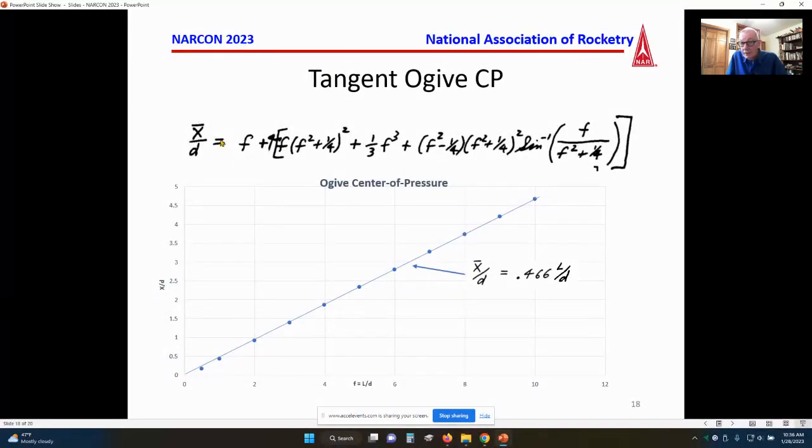This is all a function of F. If you look down here at the bottom, it's the length over diameter. So it's what's called the fineness ratio of the nose cone, length over diameter. The volume is a very messy function of the fineness ratio.